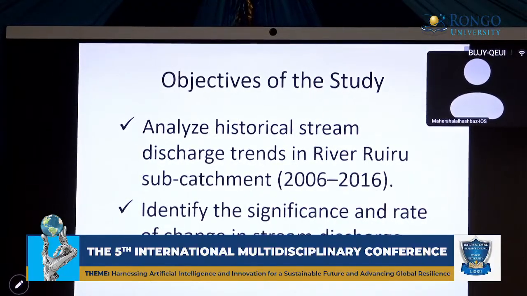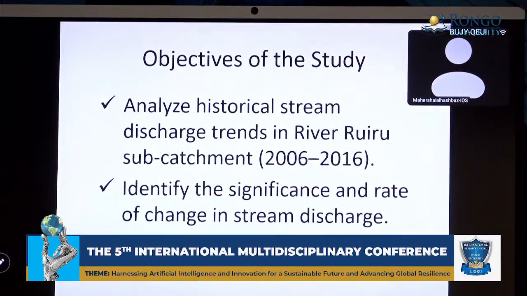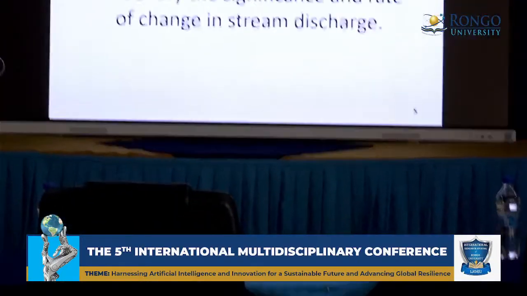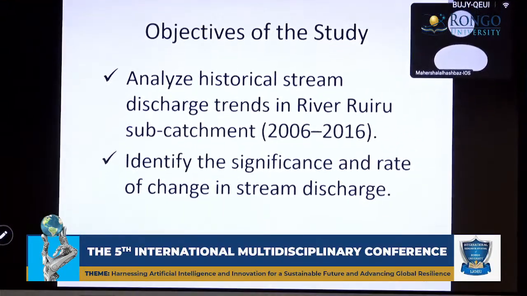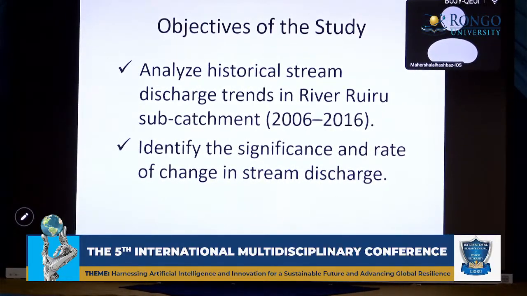So there are two primary objectives that I was looking at for this presentation. One of them was to analyze historical trends in stream discharge in the Riverview subcatchment from 2006 to 2016. I kept it at 2016 because that was when the available data ended.